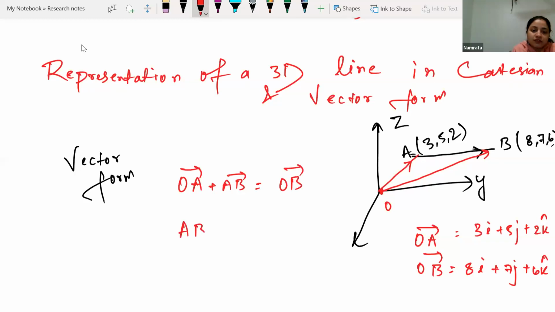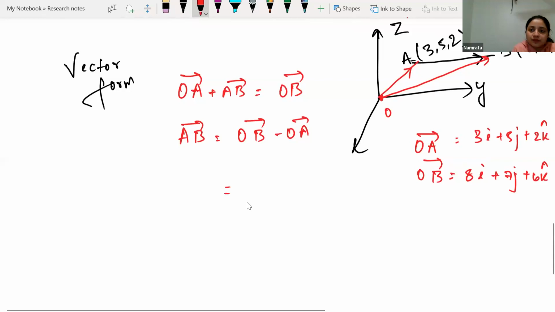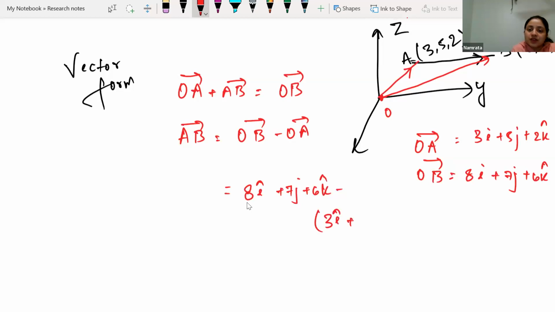So basically AB will be OB minus OA, just like the previous one. We have already found OB as 8i plus 7j plus 6k minus OA, that is 3i plus 5j plus 2k.